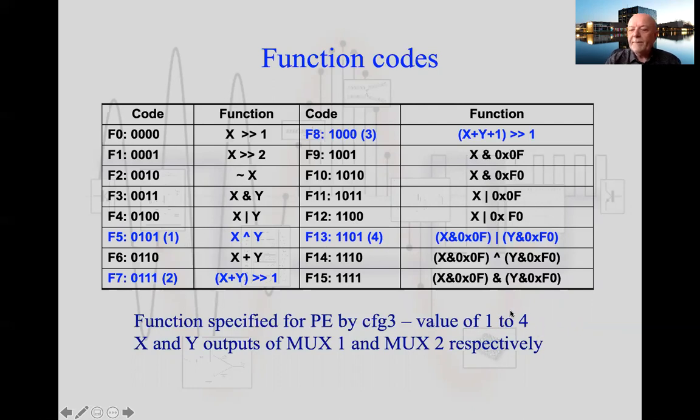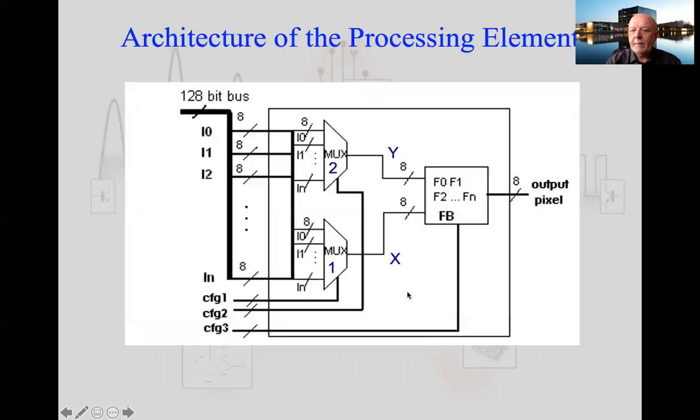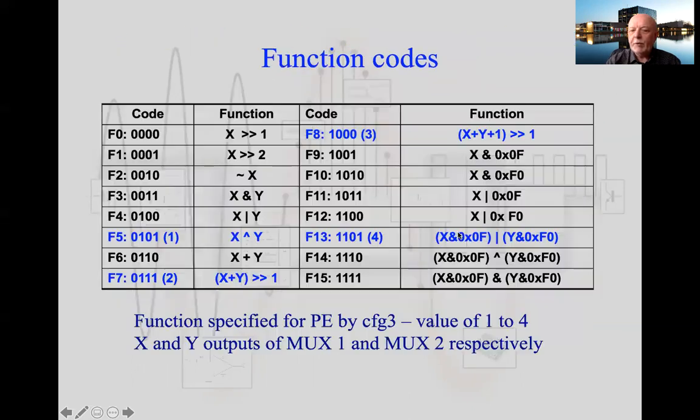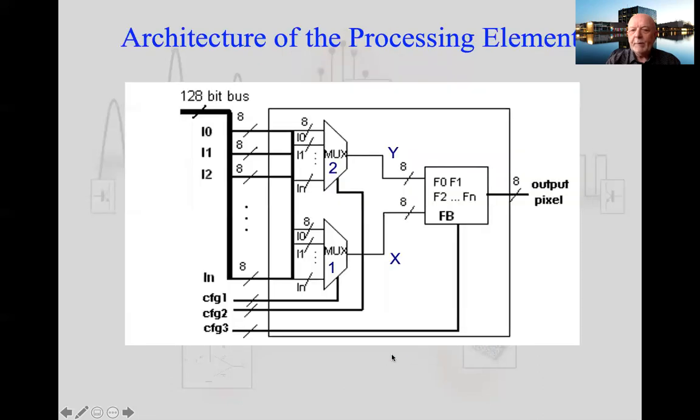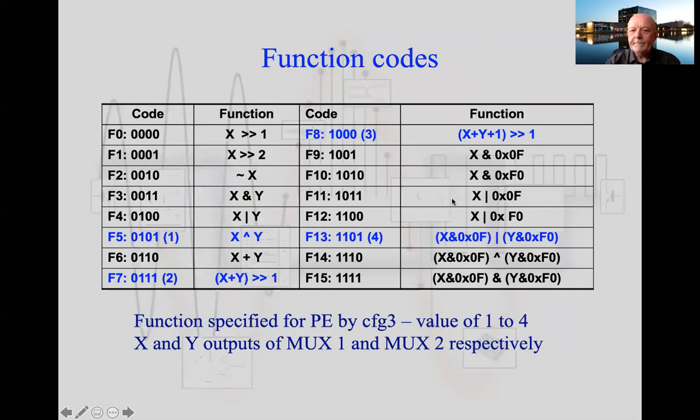They were the functions that the functional block could choose from. We decided that it was a waste of time to give it a broader set. It didn't really do that. And obviously the X and Y inputs are the inputs from multiplexer 1 and multiplexer 2, as I said before, that go into the functional block.